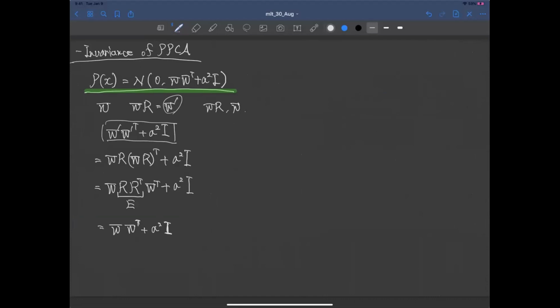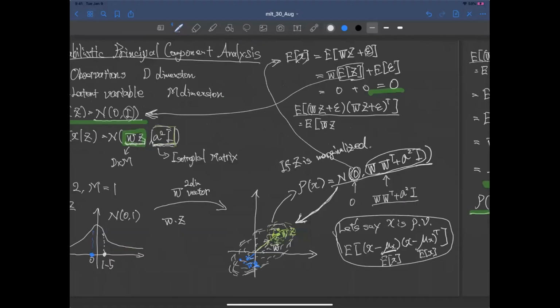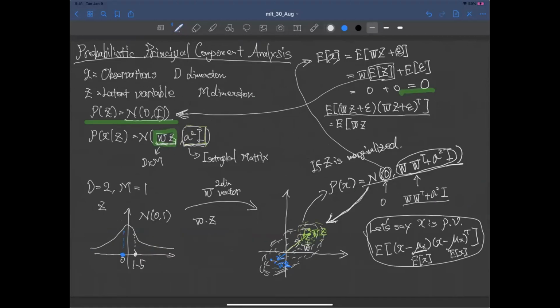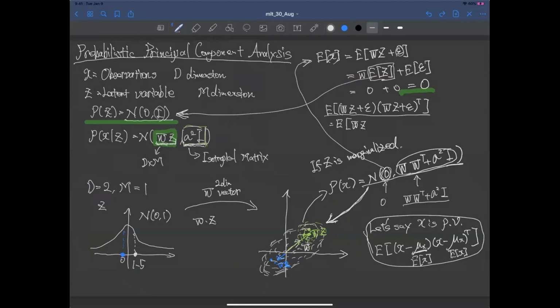Actually, it's a little understandable because, in this example, I said first of all that W is this direction.